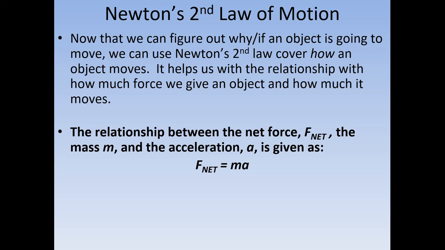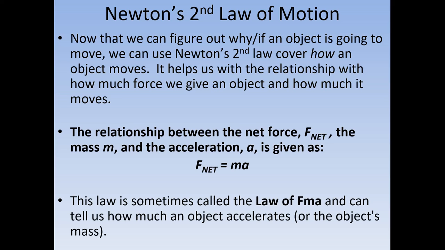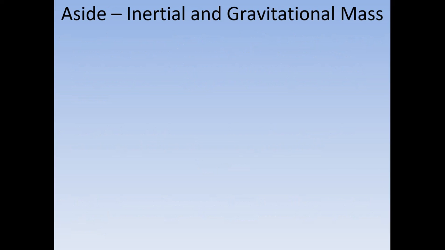So we can use this equation to figure out the acceleration based off of the net force of the scenario, or vice versa. If we know what the acceleration is, we can figure out what the net force has to be. So this sometimes gets called the law of F equals ma. And like I said, it really just tells us how much we accelerate based off of the force.